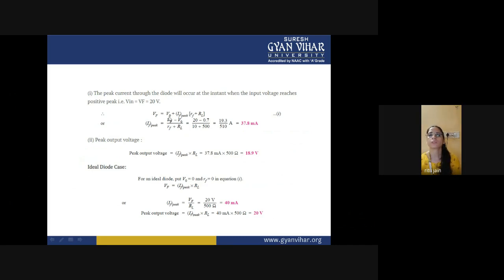VF is equal to V naught plus IF peak into RF, the resistance of your diode when it is conducting in forward biasing, plus RL, your load resistance. So IF peak is equal to (VF minus V naught) upon (RF plus RL), which is equal to (20 minus 0.7) upon (10 plus 500), which is equal to 37.8 milliamperes.